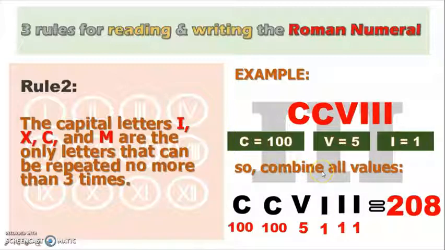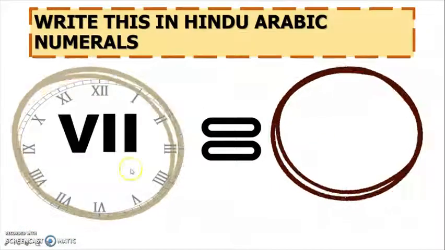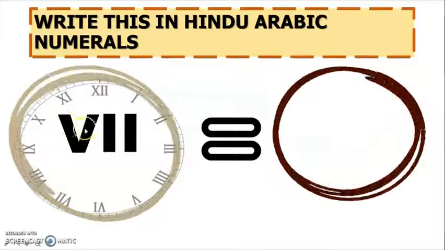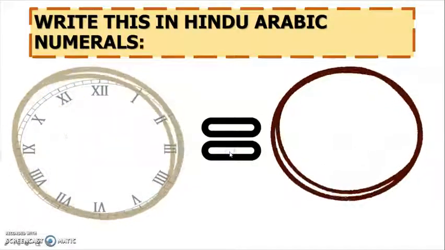Okay, so let's do this. VII: V is equivalent to 5, I is 1, so V is written first, which is larger than 1, so you have to simply add this. 5 plus 1 plus 1 equals 7.